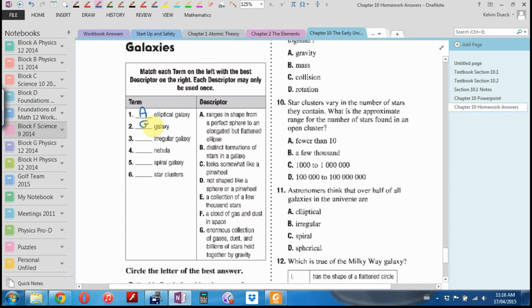Irregular galaxy, well, it's not shaped like a sphere or a pinwheel, it's shaped like a weird thing. Nebula, cloud of gas or dust in space. Spiral galaxy, looks somewhat like a pinwheel. Star clusters, a collection of a few thousand or a few million stars. Sorry, a few 100,000 stars.